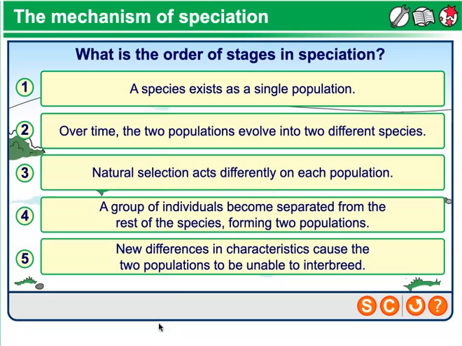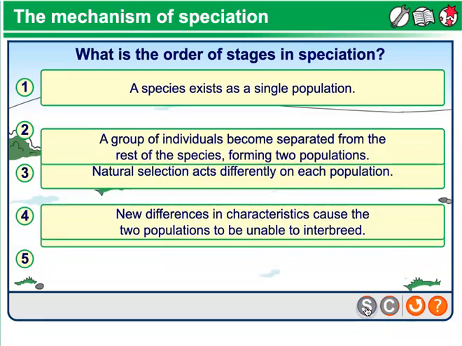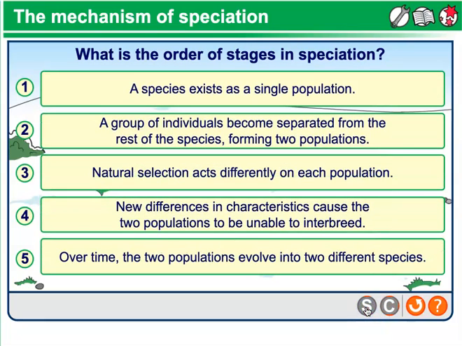So the mechanism of speciation. Let's go back and review the order of stages in speciation. Number 1, a species exists as a single population. Number 2, a group of individuals becomes separated from the rest of the species, forming two populations.